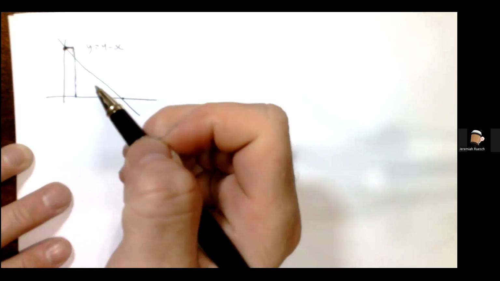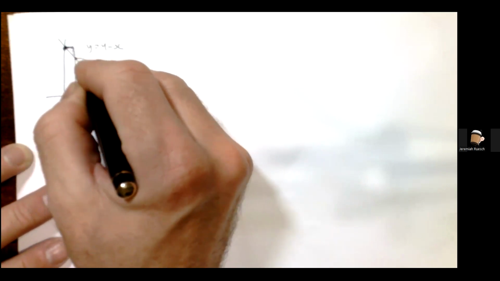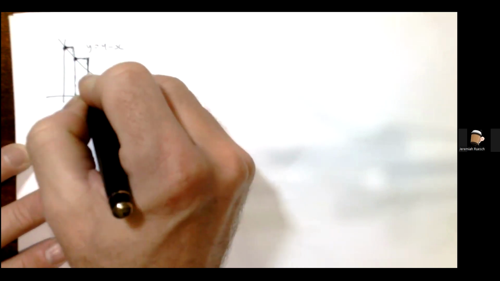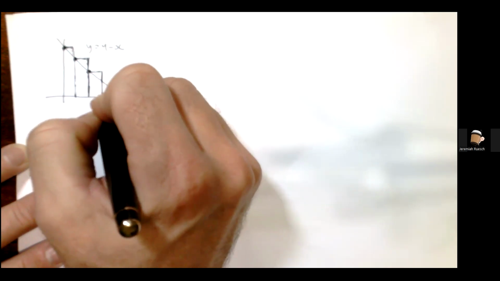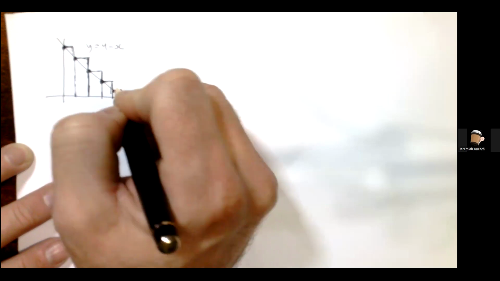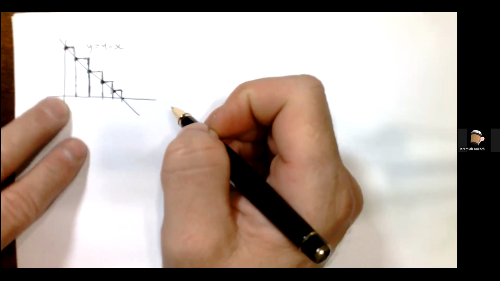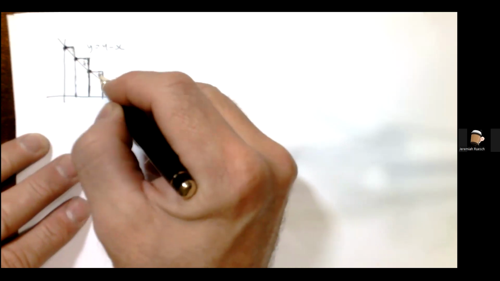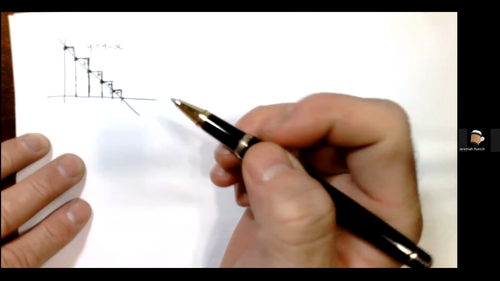The left endpoint looks at the height of the rectangles where the left corner of the rectangle determines the height. Each of these values for this particular function, as we discussed on Monday, corresponds to the height of the rectangle. We're going to need to make as many rectangles as we choose to approximate the area. You can see that each of these shaded areas is a little bit of an overestimation.